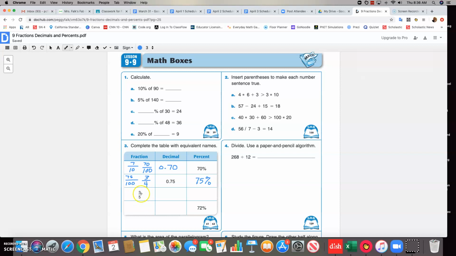Now I know 1/5 is 20 cents or 20 hundredths. So 3 of those would be, so I want to keep this in my mind. That's 1/5. And I want 3 of those. So 3/5 would be 0.6 or 0.60, 60 cents. And that would be 60%.